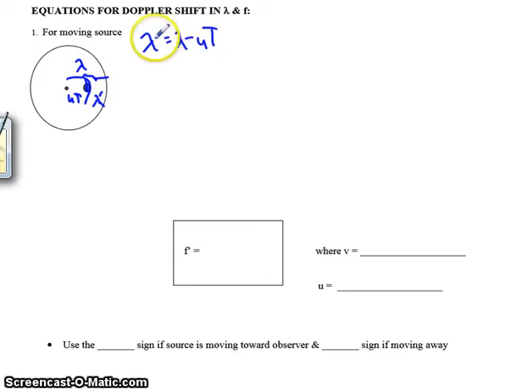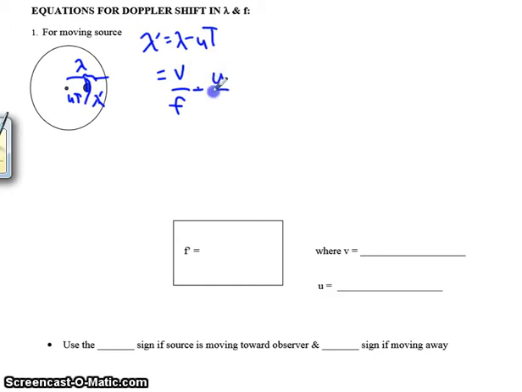So let's just do a manipulation on this so that we ultimately end up with a new frequency. So the next step is, let's break up the right side of this equation. Lambda in general, using the wave equation, is the speed of the wave, v, divided by the frequency of the wave, minus u, and t is nothing more than 1 over f.